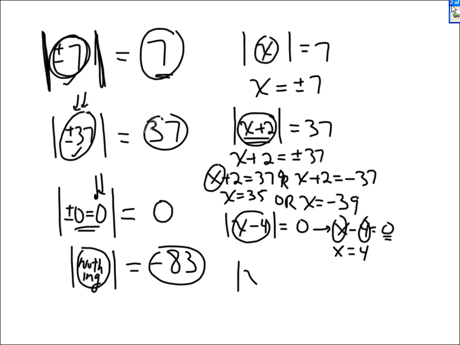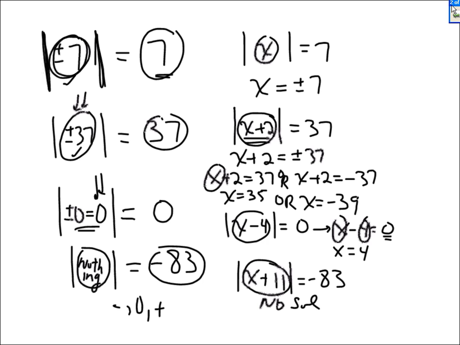If I tell you the absolute value of x plus 11 is negative 83, you tell me no solution, because there's nothing for x plus 11 to equal. No matter what x is, you pick random numbers for x and add 11, you'll either get a negative number, or the number 0, or a positive number.